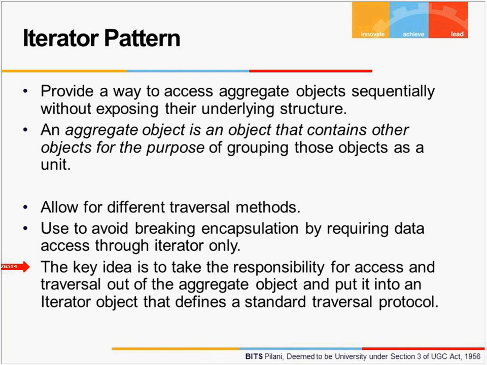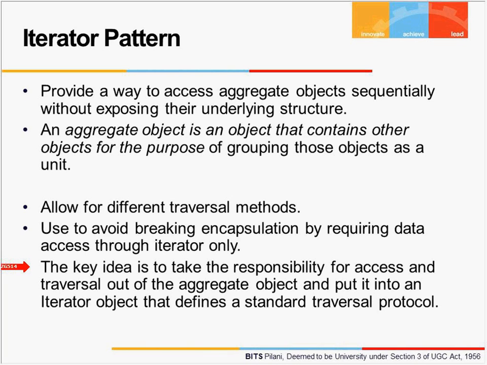So my aggregate object, which aggregates various objects, which is a data structure kind of an object, which includes within itself the other objects, should not be troubled with traversal processes as well, right?